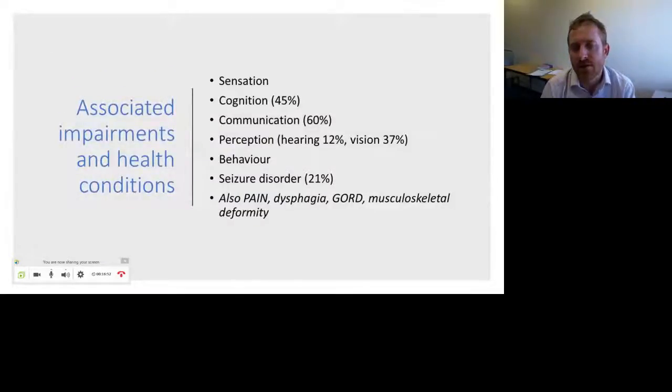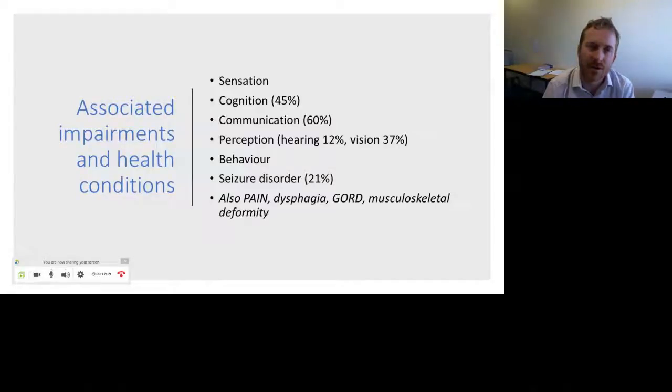Now, despite the fact we've said that CP is defined by being a movement or posture condition, there are also very frequently associated impairments and health conditions. Most commonly, they are problems with communication and cognition, with many children having developmental disabilities or intellectual disabilities, and problems with sensation, special senses, and epilepsy being a very common comorbidity.